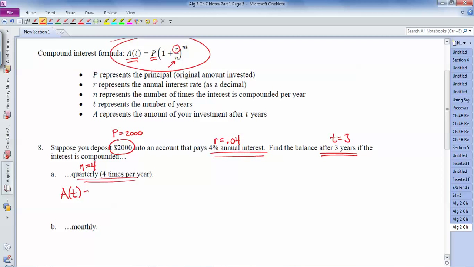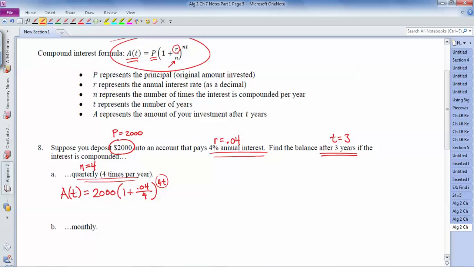So when we write out our formula, with just the T still there, we've got the initial amount, 2,000, times 1 plus the annual rate, compounded 4 times a year, and then we raise that to the 4t. Really, this exponent is how many times we compounded.